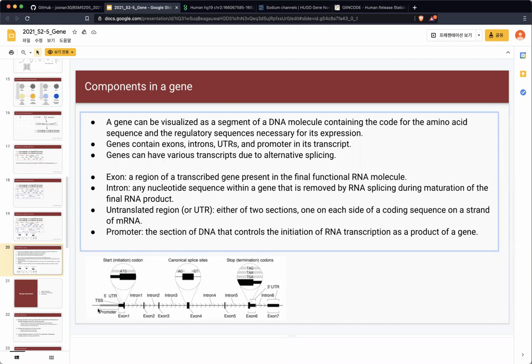So the transcription start site unit is constituted by the promoter and the 5' UTR, and that is close to the first exon, right? And the 3' UTR is the last one, and also close to the last exon, right?